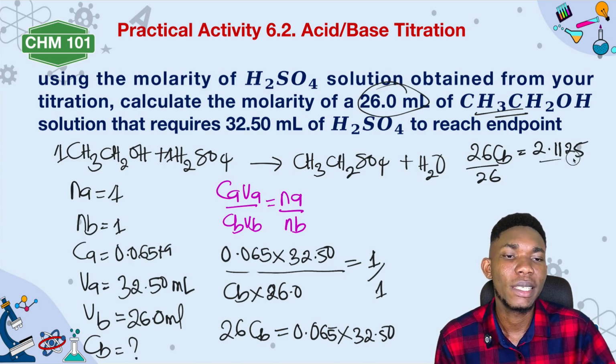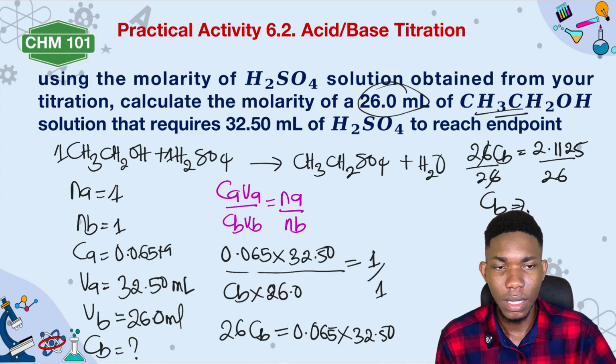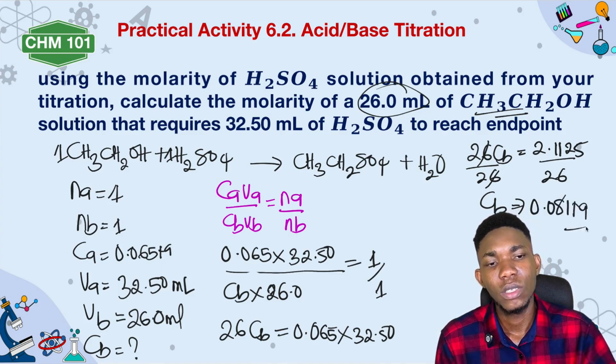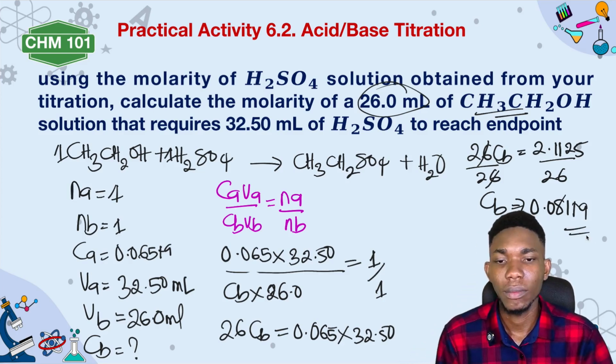So divide by 26. Our Cb, my dear student, will be this divided by 26, which gave us 0.081 molar. So our Cb is 0.081 molar. Is that okay? So that is the answer to that question.